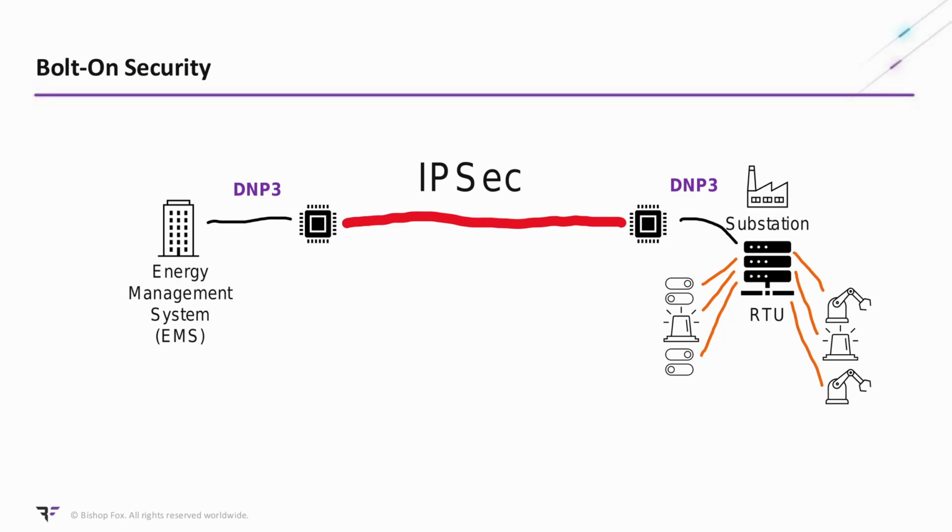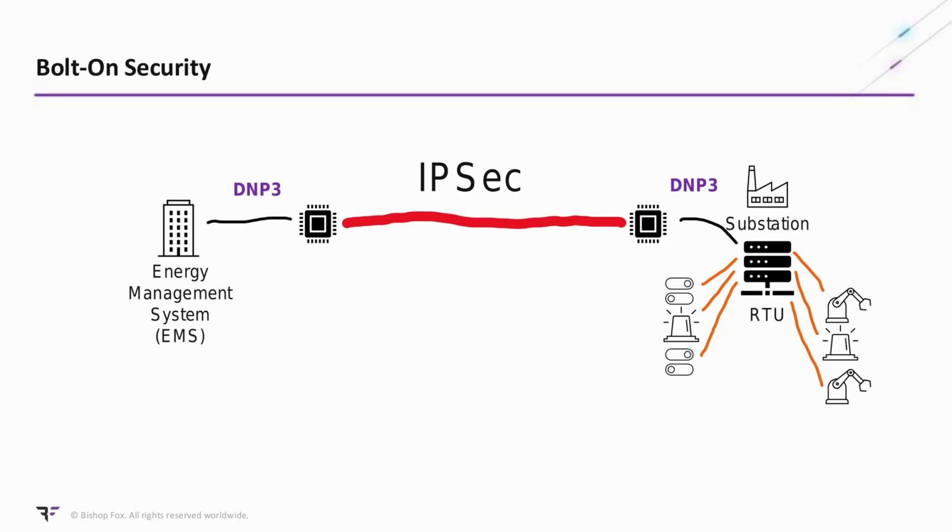There's another problem with just encrypting these things with an IPsec tunnel, which is that the operators of these networks are understandably very hesitant to not understand what's happening on their network.